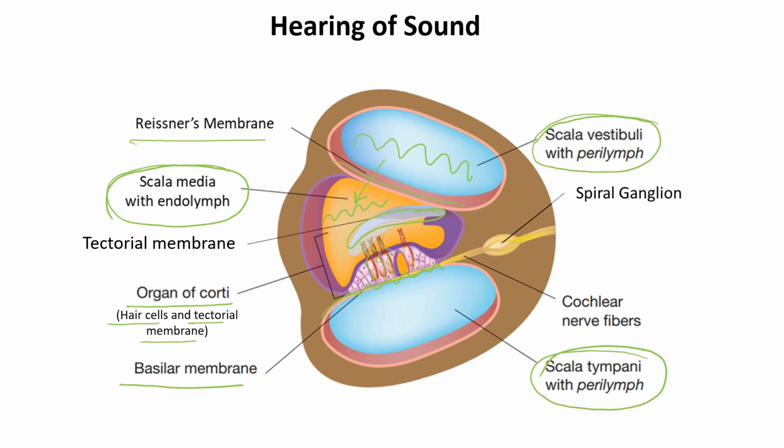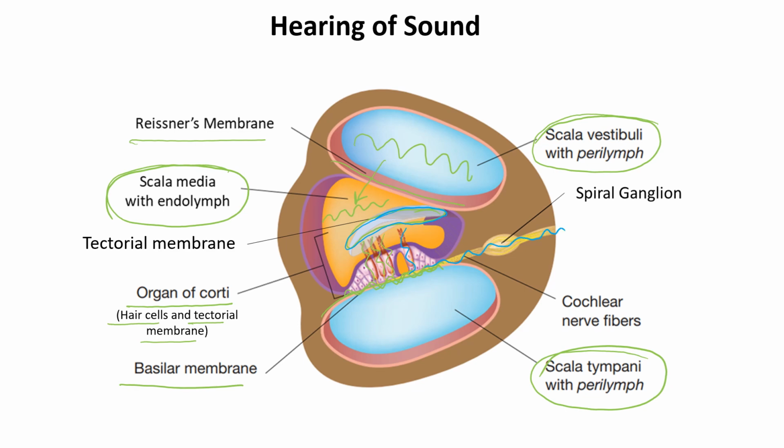The movement of the basilar membrane due to sound waves causes the movement of these hair cells, which then come in contact with the tectorial membrane. The contact of the hair cells with the tectorial membrane is what results in generation of nerve impulses, which are carried by the cochlear nerve fibers to the brain.